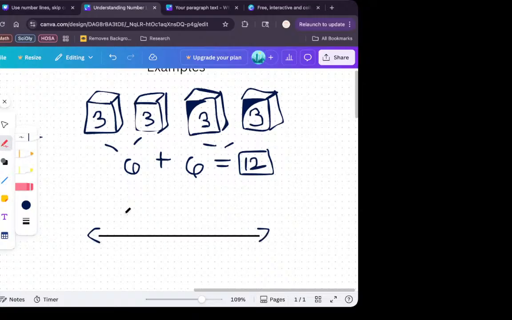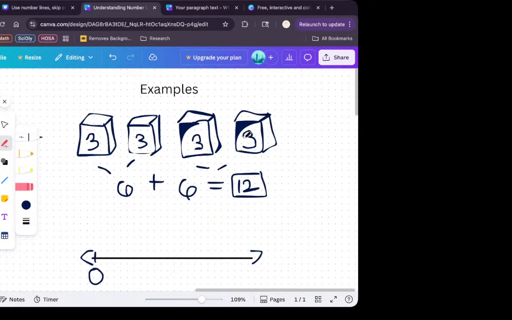Well, let's start with 0. And let's go back to what we did first. So we said that I have 4 groups or 4 boxes. We can't count by 4s because it doesn't say that in each box I have 4 pens, right?